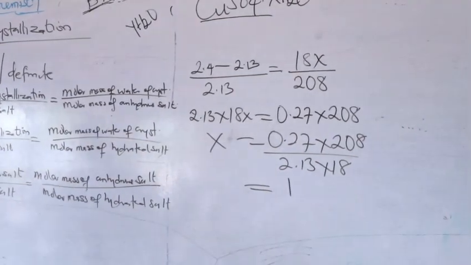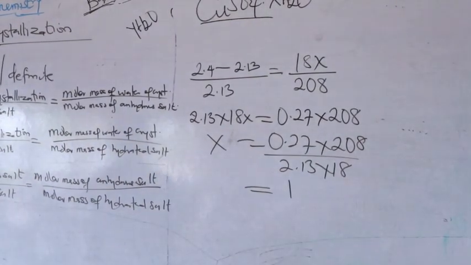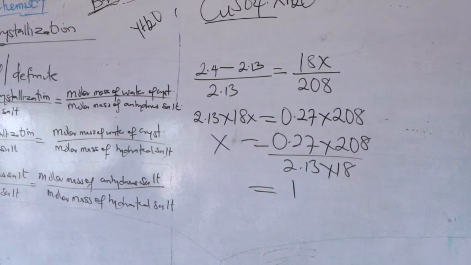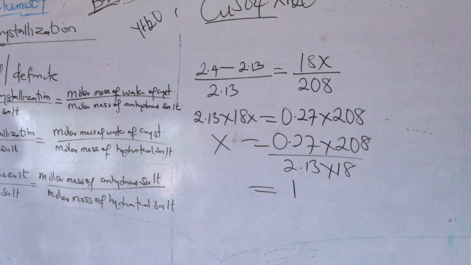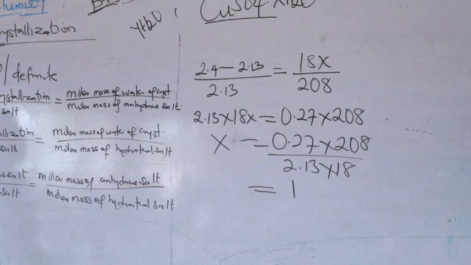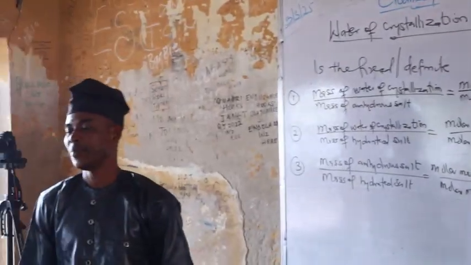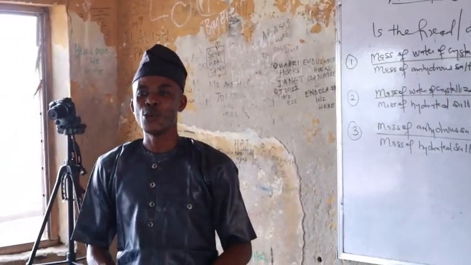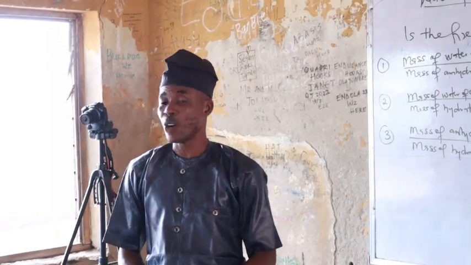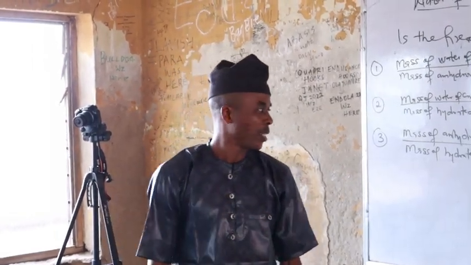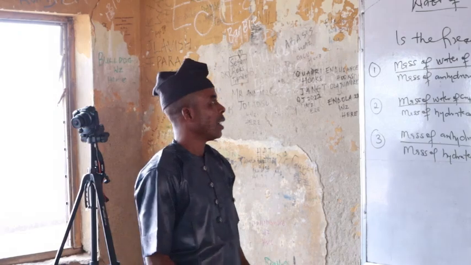Now, question 2. What did you get? 8, 9, 7? It's okay, let us be together. Maybe you get it right or you miss it, there is no problem.